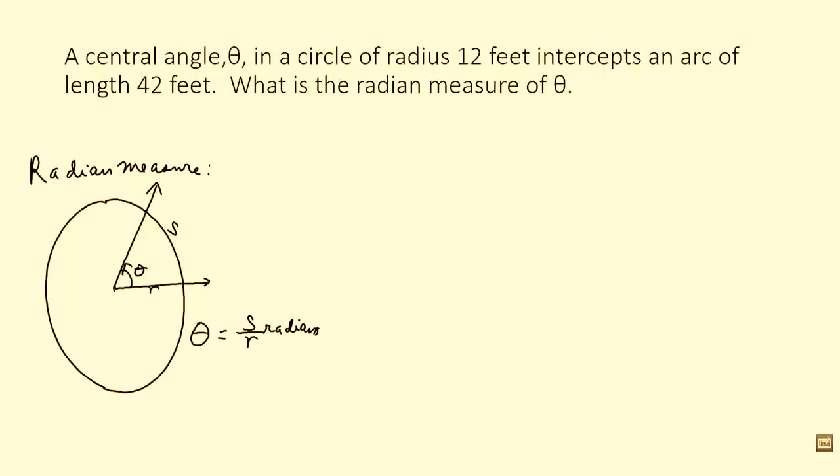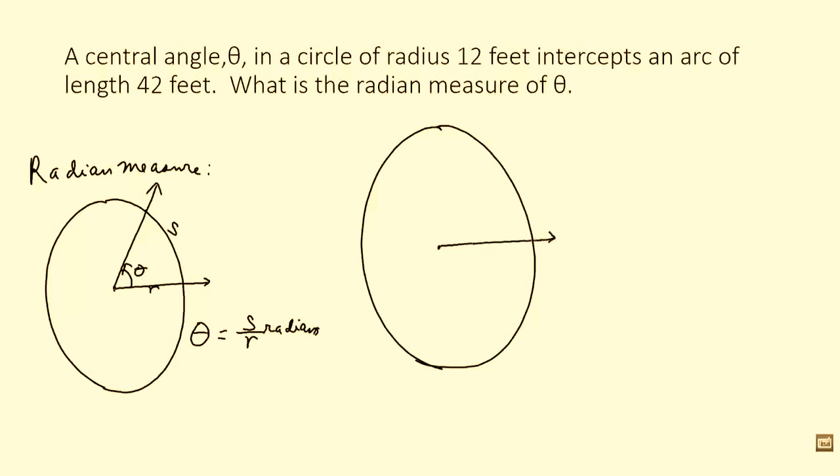All right, let's look at an example. A central angle theta in a circle of radius 12 feet intercepts an arc of length 42 feet. What is the radian measure of theta? So again, we have our circle, which has a radius of 12.